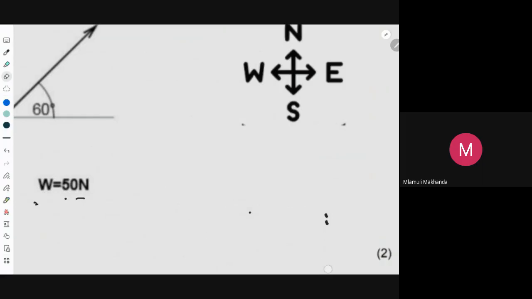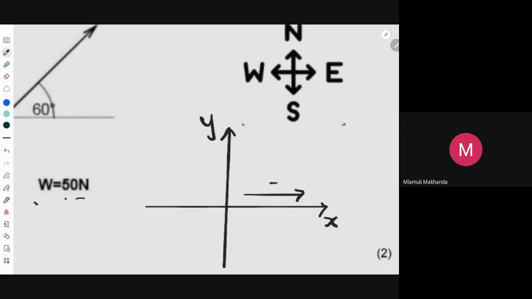So I know that in my X and Y axis, always think about it in a Cartesian plane. You'll never go wrong. You have the Y-axis, you have the X-axis, and you know that anything this side of the X-axis is positive. Anything that side of the Y-axis is positive. Anything this side of the Y-axis is negative. And anything that side of the X-axis is also negative.